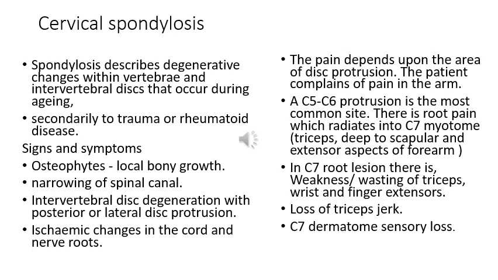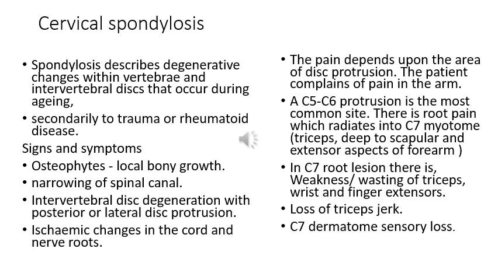Spondylosis describes the degenerative changes within the vertebrae and the intervertebral disc. It occurs during aging, and secondarily due to trauma or rheumatoid disease. So primarily it is due to aging, with degenerative changes in the vertebrae, and secondly it may be due to trauma or a rheumatoid disease.